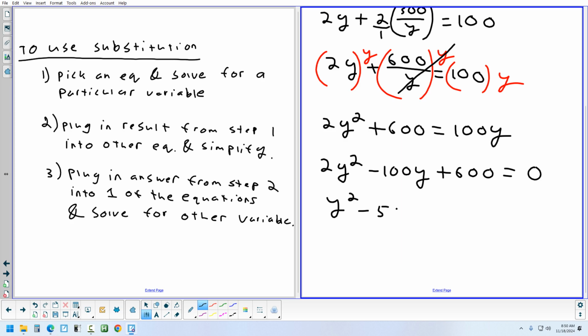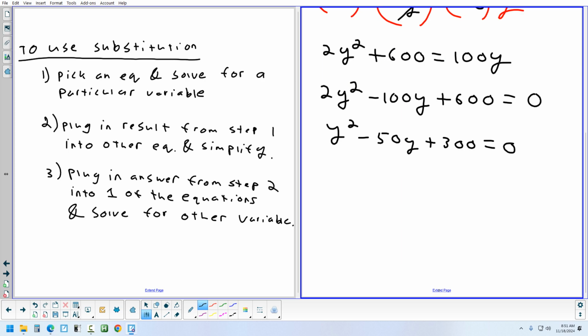So solving this problem is exactly the same as the one above. It's just the numbers are a little smaller. Okay, now, I don't think that's going to be factorable, because we're looking for 2 numbers that multiply to give us 300, and then add or subtract to give us that 50.